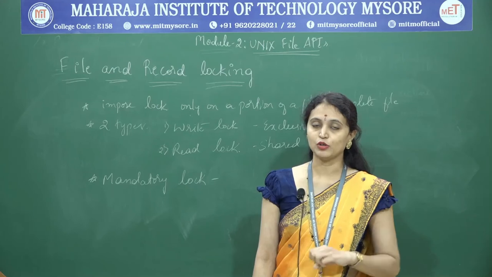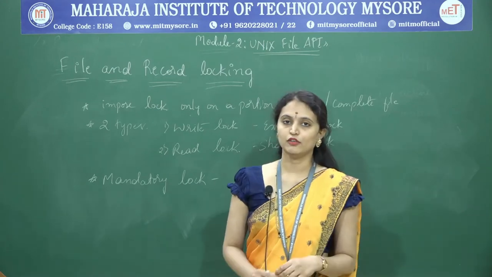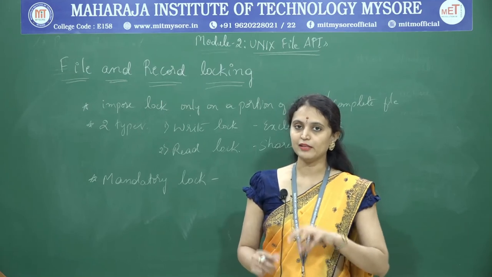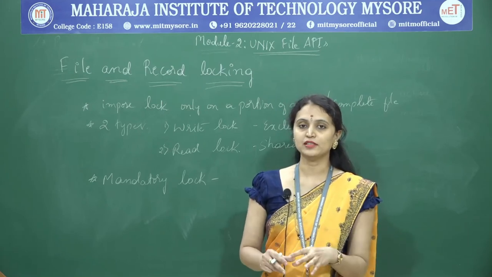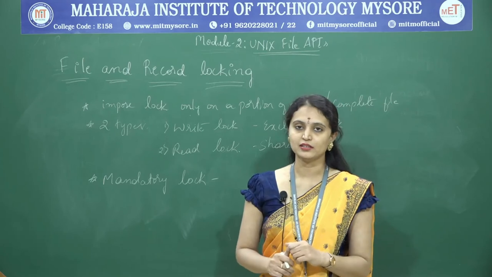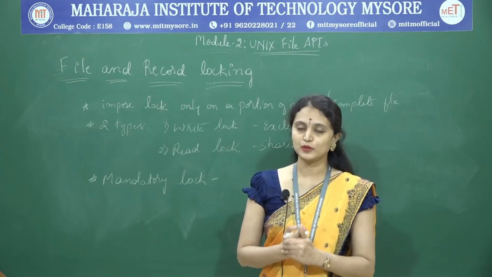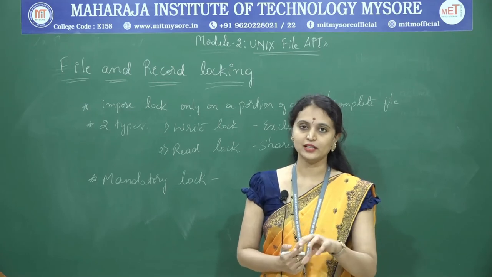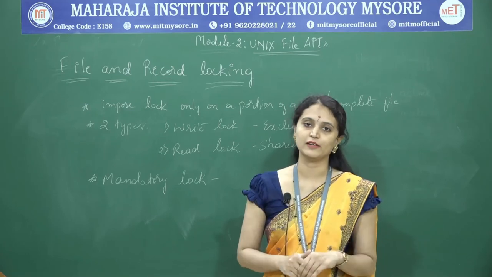In that case, what will happen? Whenever a mandatory exclusive lock is set on a file by a process and the process never unlocks that file, other processes will be waiting for this process to unlock the file.